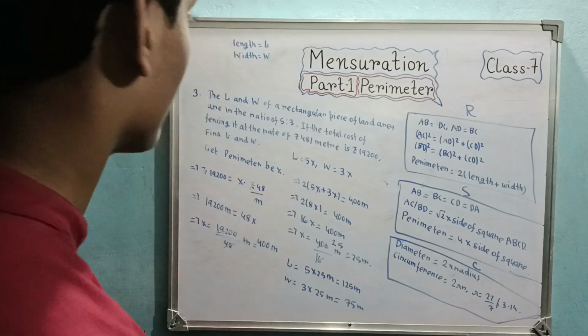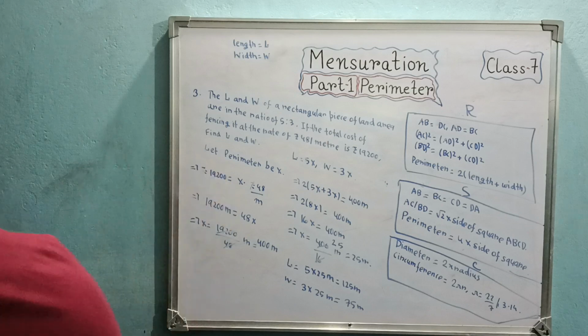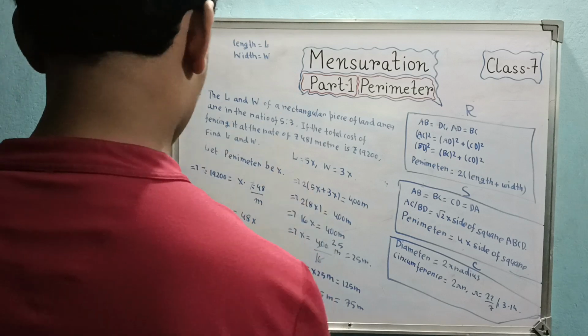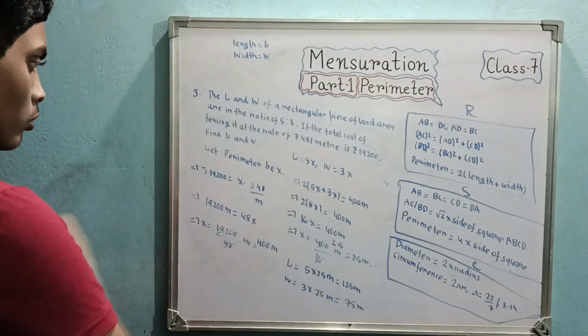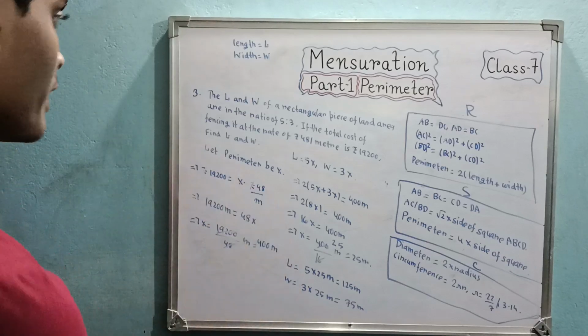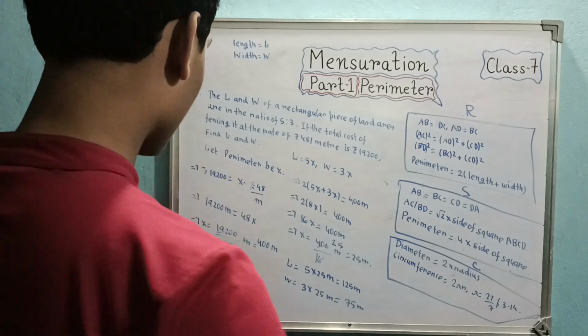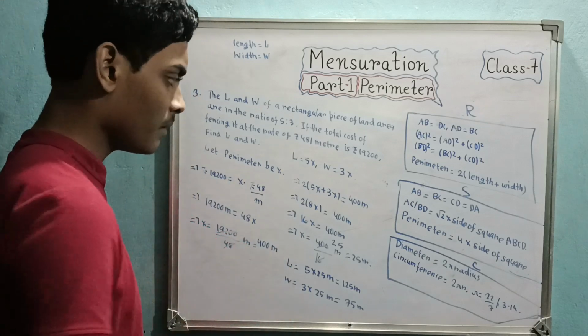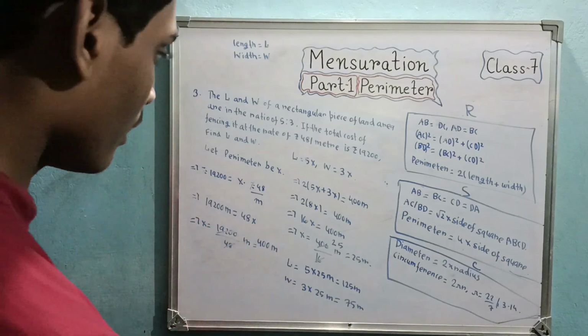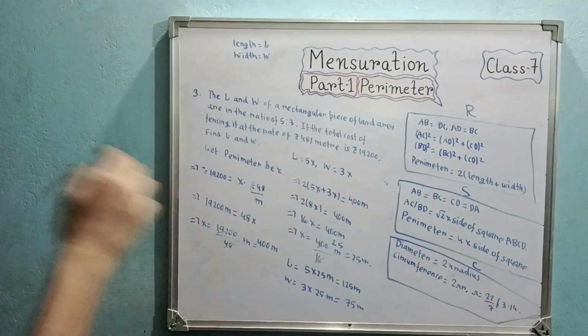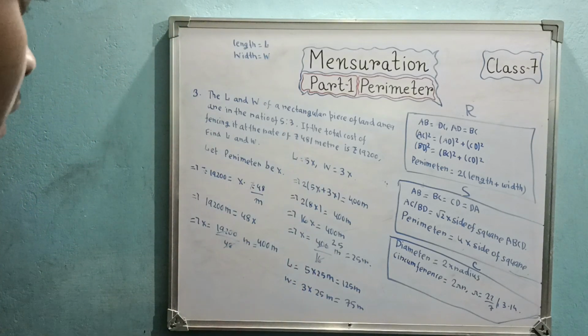Yes, absolutely okay. So see, first we found the perimeter by the formula for cost of fencing. It is equal to the perimeter multiplied by the rate given, which is 40 per meter. From there we found the perimeter, which is 400 meter. Then we took the length and width as 5x and 3x.